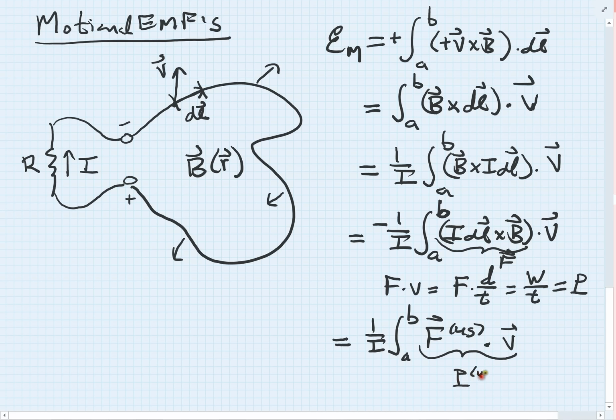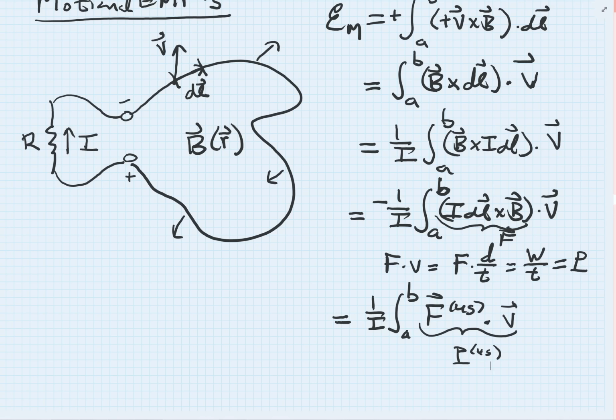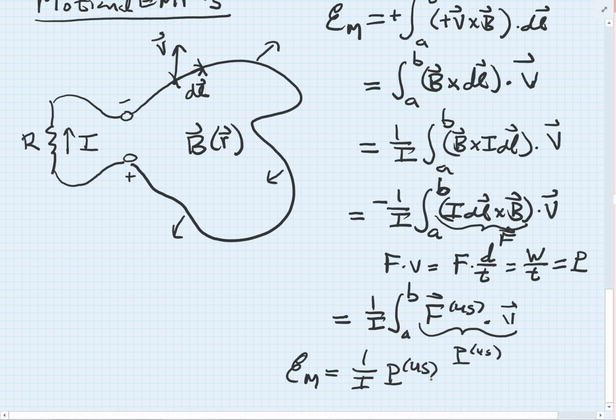That is mechanical power we are putting into the system. And on each little segment, and of course when we add them all up, that just gives us the total power that we are putting in. So we have this final interesting relationship that the motional EMF is equal to 1 over the current times the power that we are putting into the system.